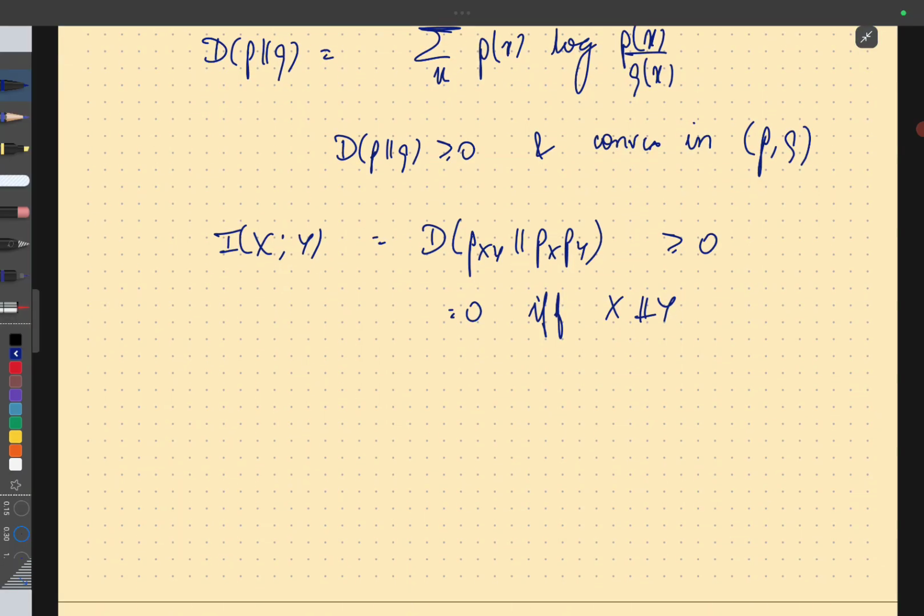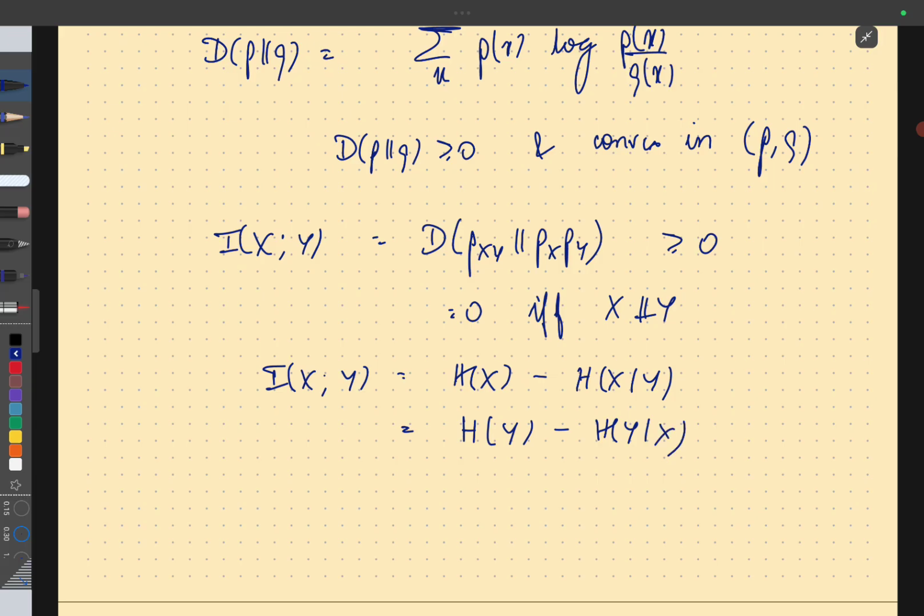All right. We could also write the mutual information as h of X minus h of X given Y, or h of Y minus h of Y given X. Right?